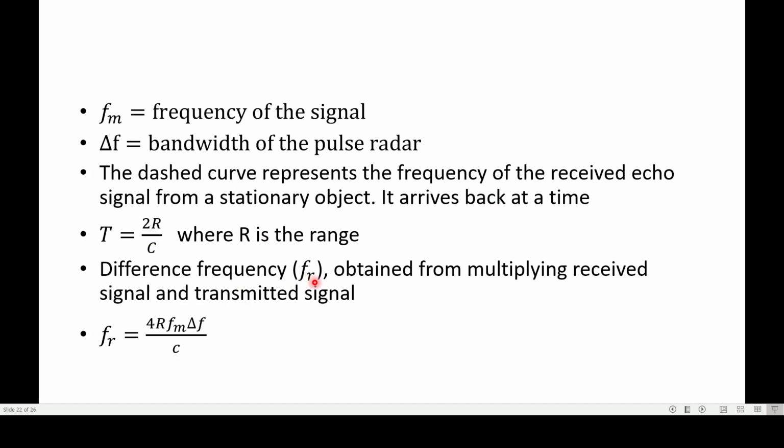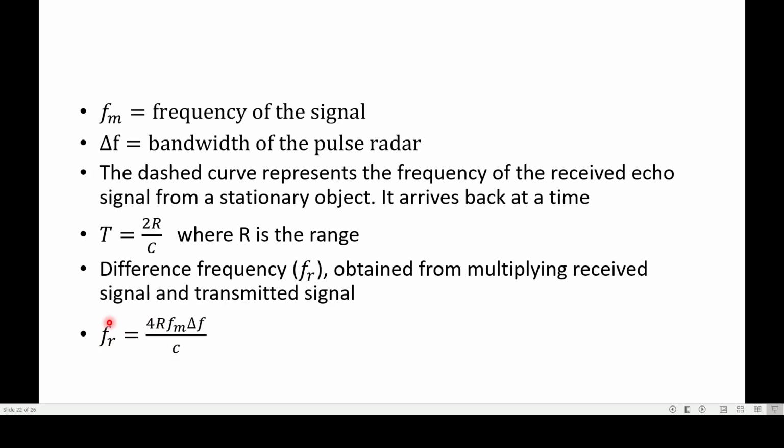The difference in frequency Fr can be obtained from multiplying the received signal and the transmitted signal. So the difference in frequency can be calculated by using this equation: 4 into R into Fm into delta F divided by C. So this delta F is the bandwidth, Fm is the pulse frequency and R is the range.